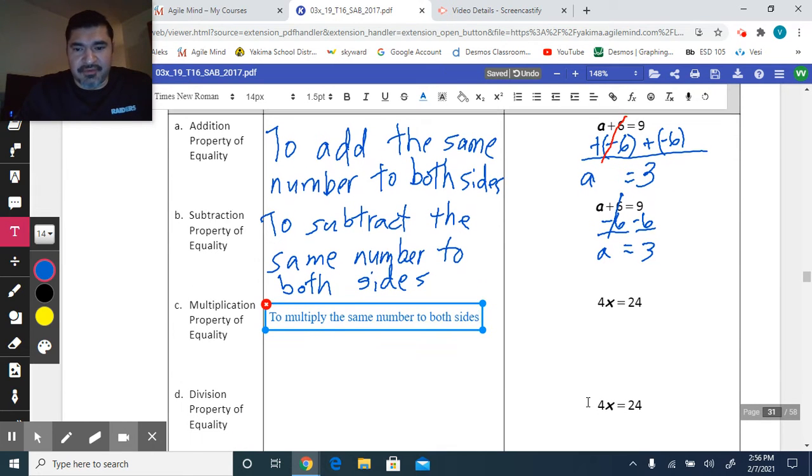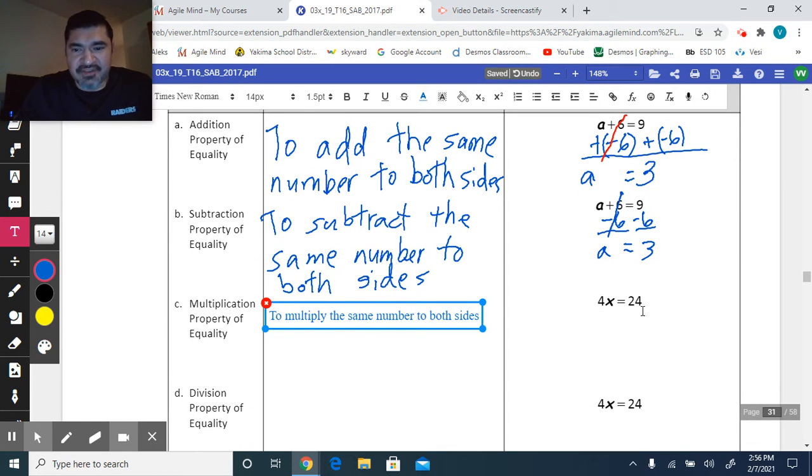Okay, so looking at this equation here, 4x equals 24. Now, my first go-to move is, okay, well, it says to multiply by 4. I want to get the x by itself. I want to isolate it, and I have a multiply by 4 with it. Well, how do I get rid of multiply by 4? Well, I would divide by 4.